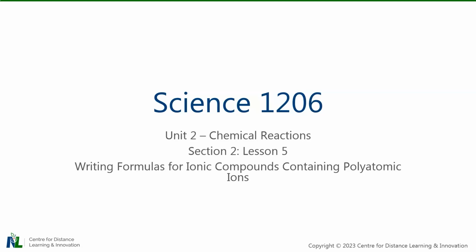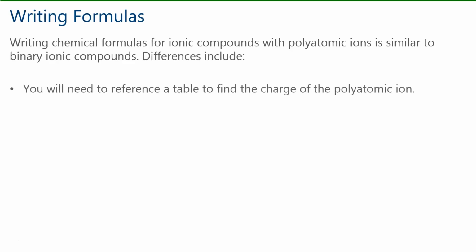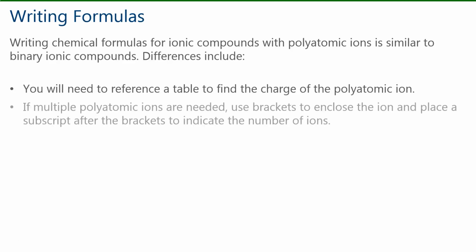Let's get started. Writing chemical formulas for ionic compounds with polyatomic ions is similar to binary ionic compounds, which we've already covered. Differences include you will need to reference a table to find the charge of the polyatomic ion, and if multiple polyatomic ions are needed, use brackets to enclose the ion and place a subscript after the brackets to indicate the number of ions.